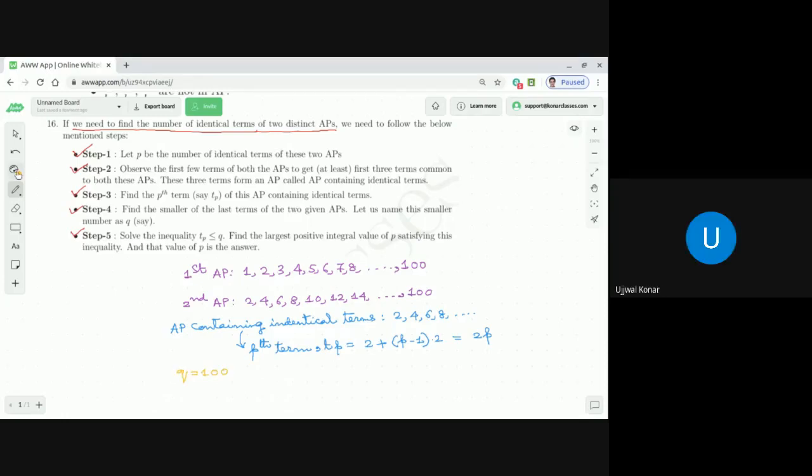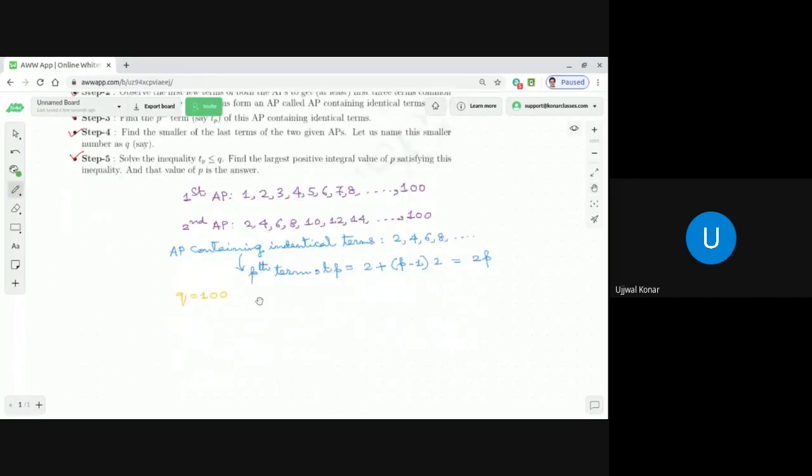So what do we need to do? We need to solve the inequality that TP is less than or equal to Q, according to the 5th step. TP is less than or equal to Q. That implies, what is TP? The pth term is 2P.